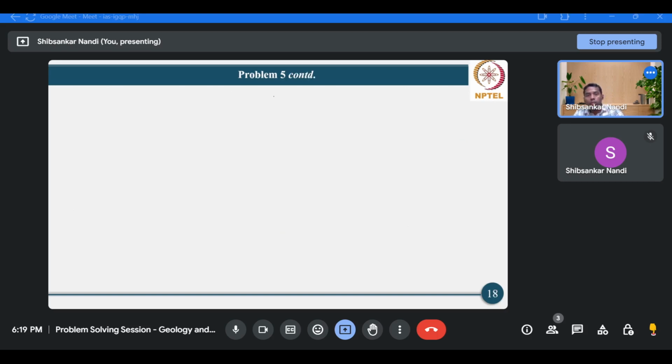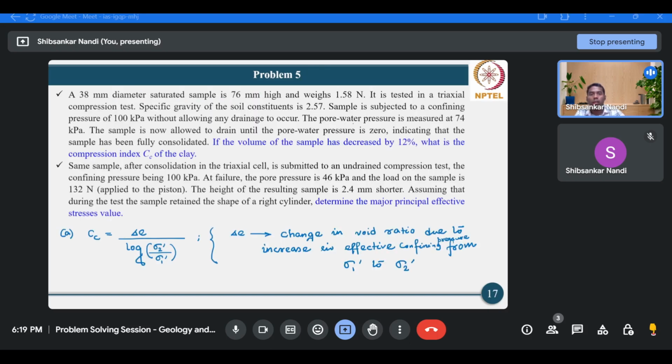Now, first we'll try to determine the unit weight of the soil sample, and why, we'll see. The weight of the sample is 1.58 Newton.